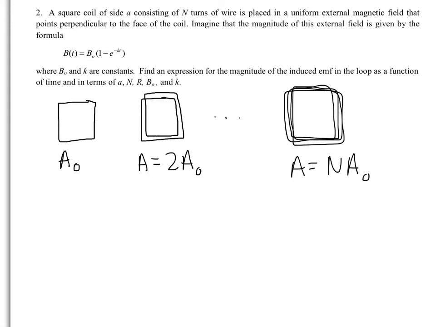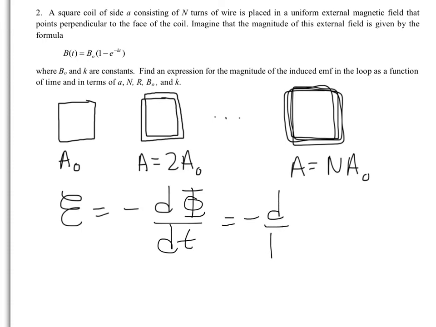Okay? So to apply that to this situation, we'll write down Faraday's law. It's minus d phi dt, but we'll note here, since we've got n loops, the flux will be n times the area of one of the loops, or one of the turns, times the magnetic field.